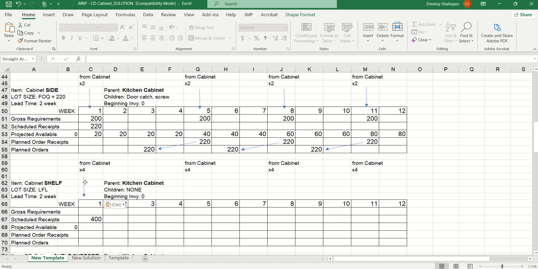So I'm going to put the arrow here, like this. Arrow, another arrow, and the last one, this one right here. Okay. So it means that my gross requirements are 400 in week 1, week 5, week number 8, and also week number 11. Okay.